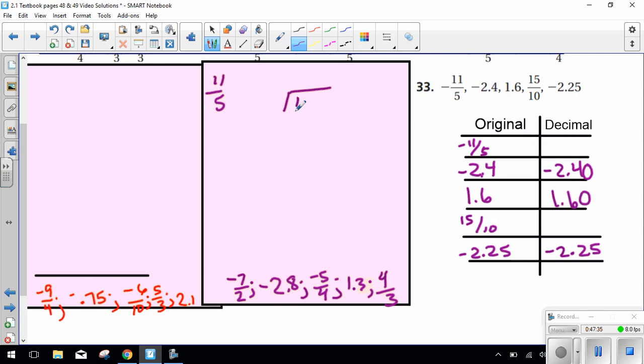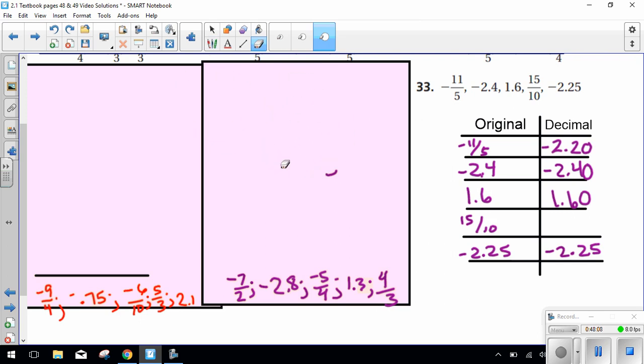Numerator, dividend goes in, denominator or divisor stays out. 5 goes into 11 2 times, 1 left over, add a decimal and a 0, bring down. 5 goes into 10 2 times, 0 left over. Decimal point, straight up. So we have -2.2, or -2 2/10. Add a 0. You would say that -2 20/100.